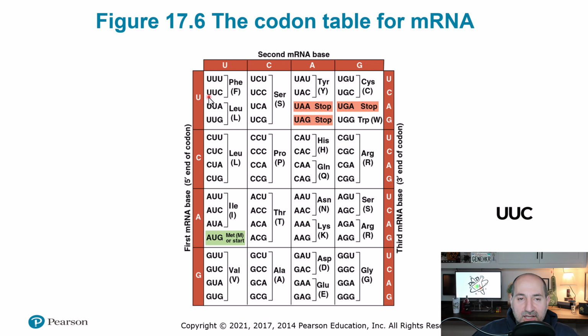On the codon table, the codon UUC, which would bind to the anticodon that I just showed you, AAG, corresponds to the amino acid phenylalanine, PHE, or F for short. Phenylalanine is the amino acid that is coded for by UUC. Okay, keep that in mind.